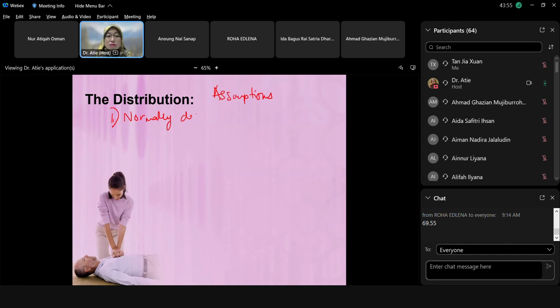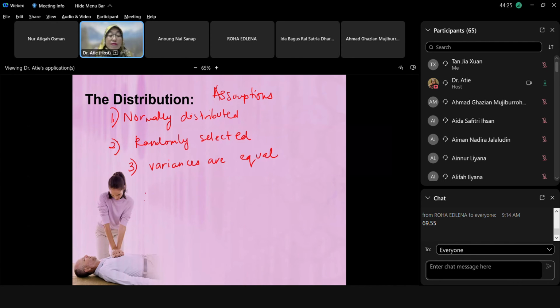Should be normally distributed. The second one should be randomly selected. So you need to select your subjects, your respondents, randomly. You cannot be biased. And then the variances are equal, right?